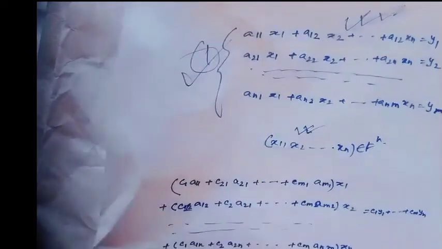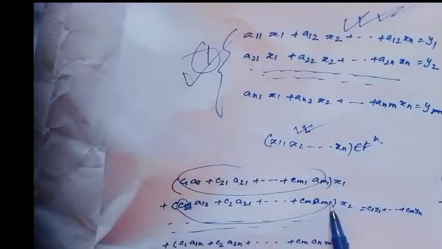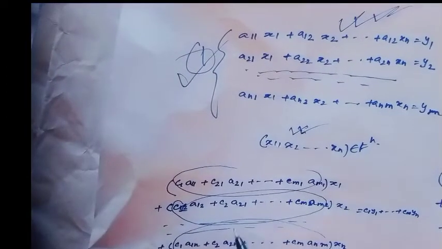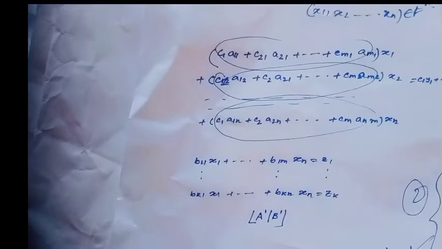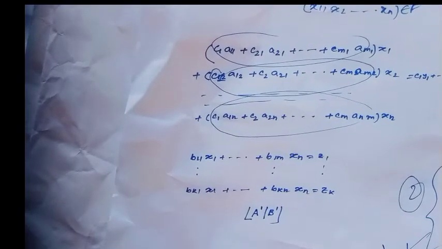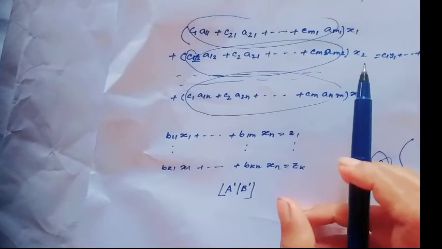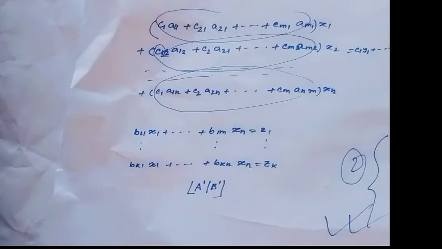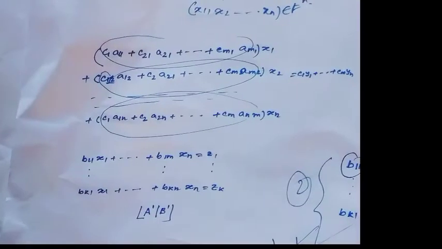That means B11 means this part, B12 means this, and B1n means this. This is the first row of this augmented matrix, and the ith row of the augmented matrix would be of this type, because each is a linear combination of the original matrix.